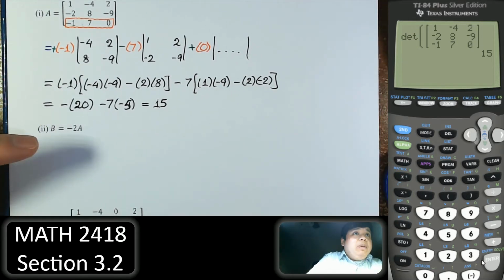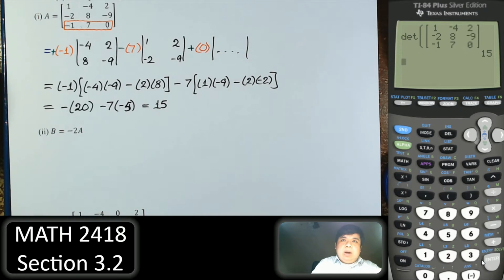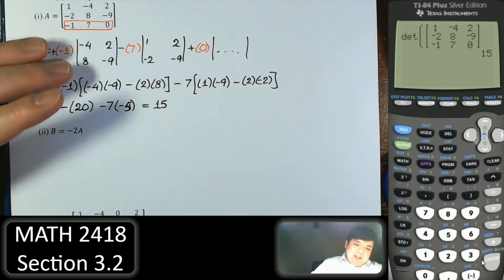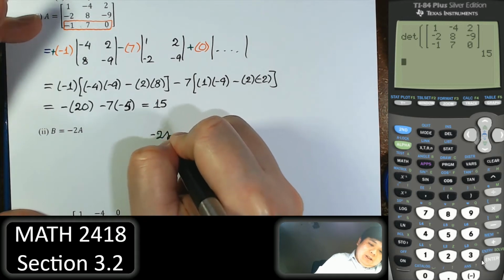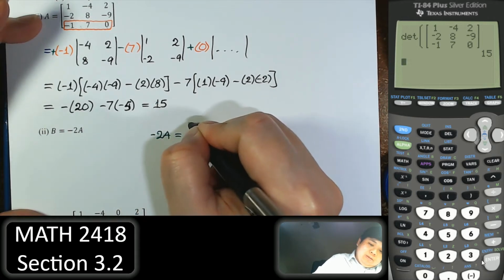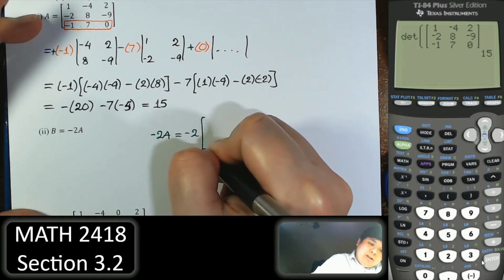So now, what happens if we have -2 times A? What do you think? So how do we multiply matrices, by the way? Let's just say what -2A is going to be. -2 times the matrix.